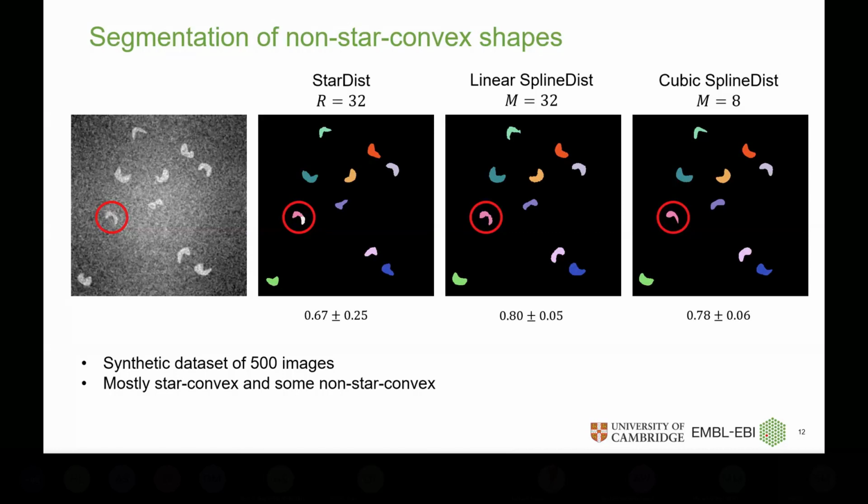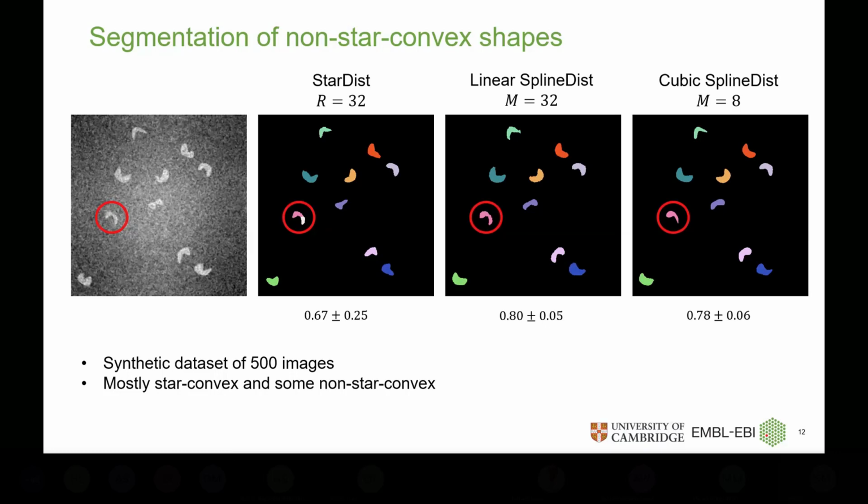The reason we didn't go for a dataset consisting of simply non-star convex objects is because we didn't want the SplineDist network to just learn non-star convex objects, and so we could still do a fair comparison, so that StarDist can still converge, since there are some star convex shapes present, and we do not explicitly ask SplineDist to learn how to represent just the non-star convex objects.